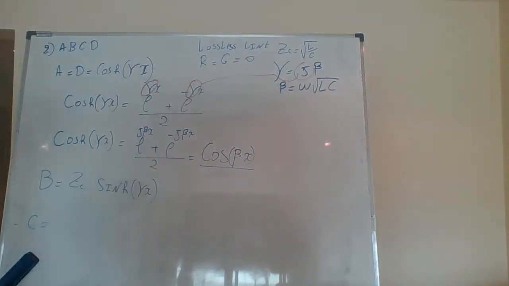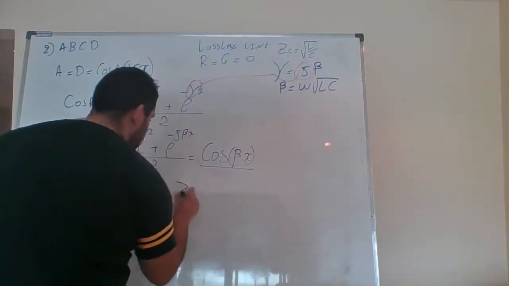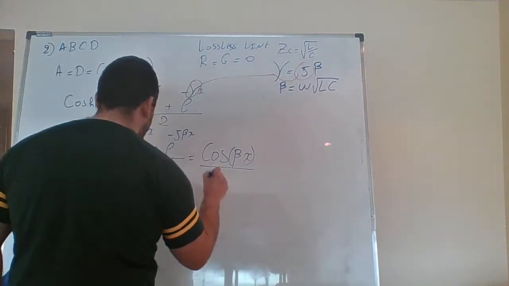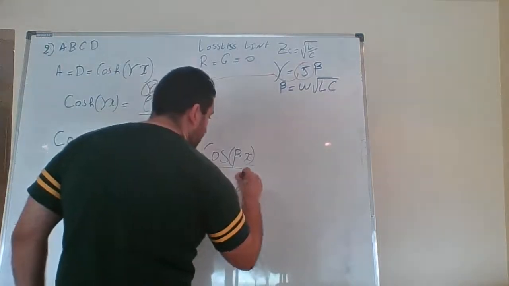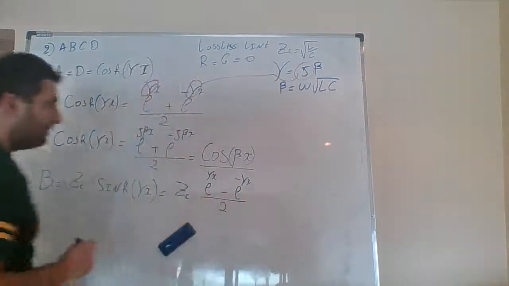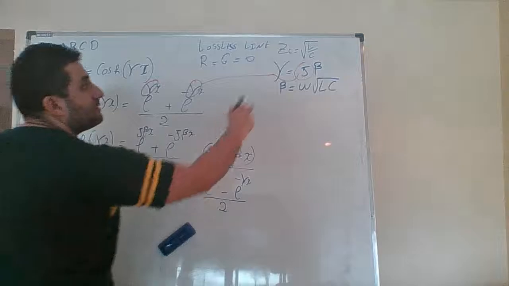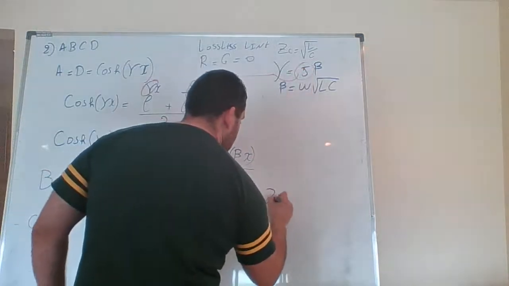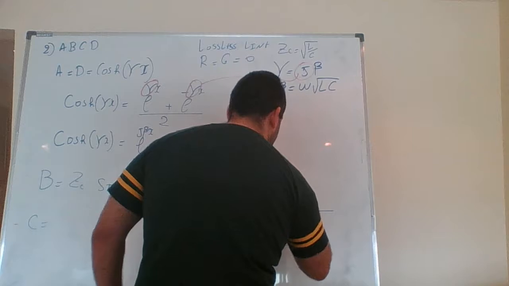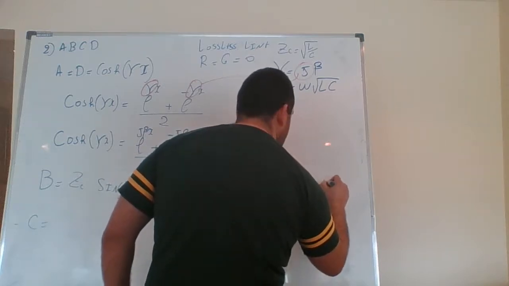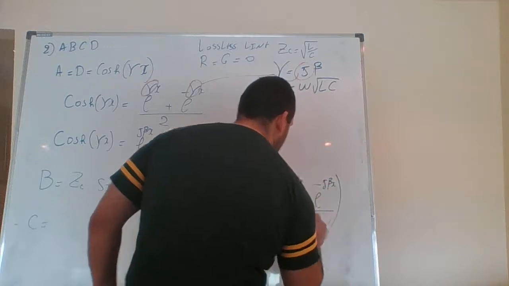If I keep going through this, if I do the same calculation, I will end up with ZC times sine hyperbolic, which is exponential of J beta x minus exponential of minus J beta x over 2.